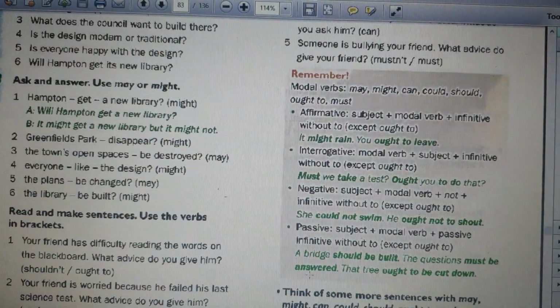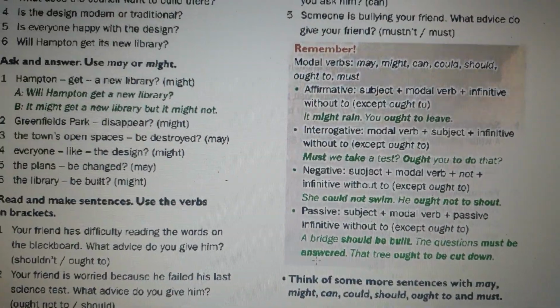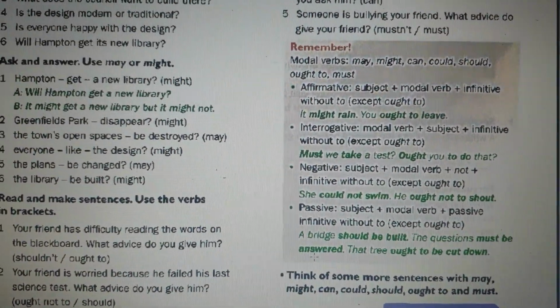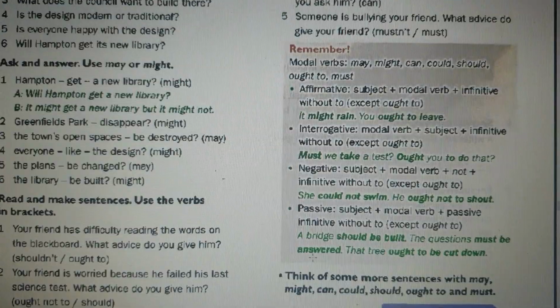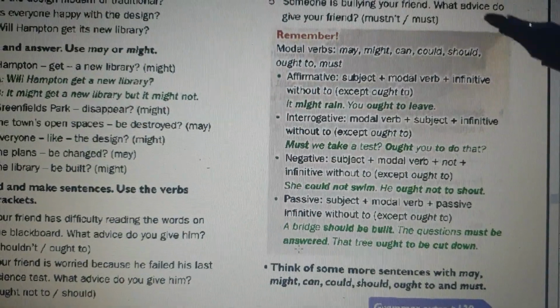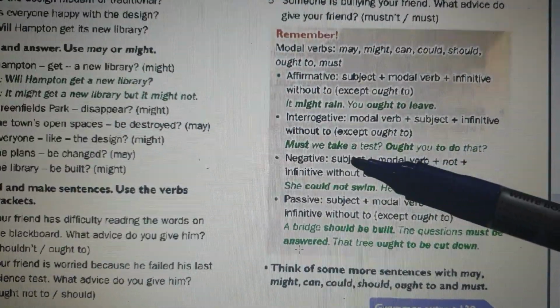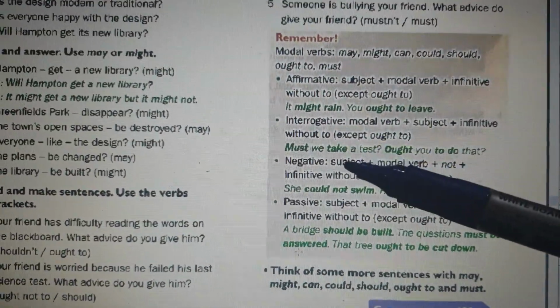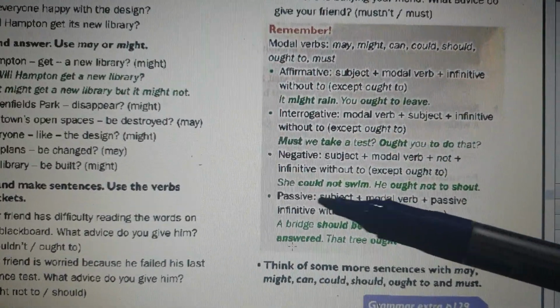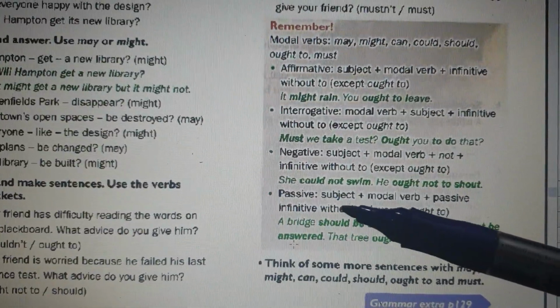Grade 7, I want to draw your attention to a point that wasn't mentioned in the booklet. We said that we can make from the modals affirmative regular sentences, interrogative questions, and negative sentences, and also we can make passive sentences.